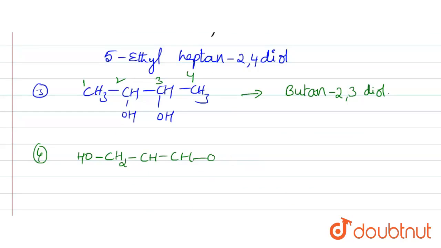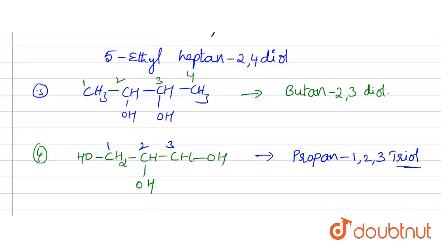Yes, this is the correct one. So this is the compound triol. So the numbering can be given like this. So it is propane 1,2,3-triol. So 3 OH groups, that's why it is known as triol.